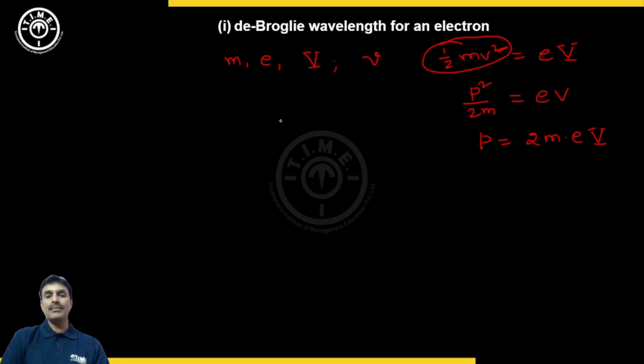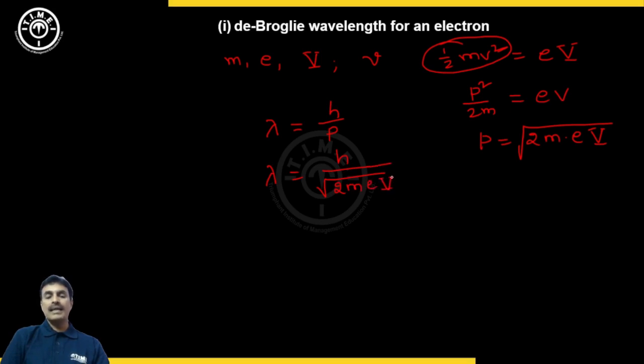Once you know the momentum, you can find the de Broglie wavelength associated with the electron as lambda equal to h by p. So, sorry, p square is 2meV here. p is root 2meV. So, lambda comes out to be h by root 2meV.